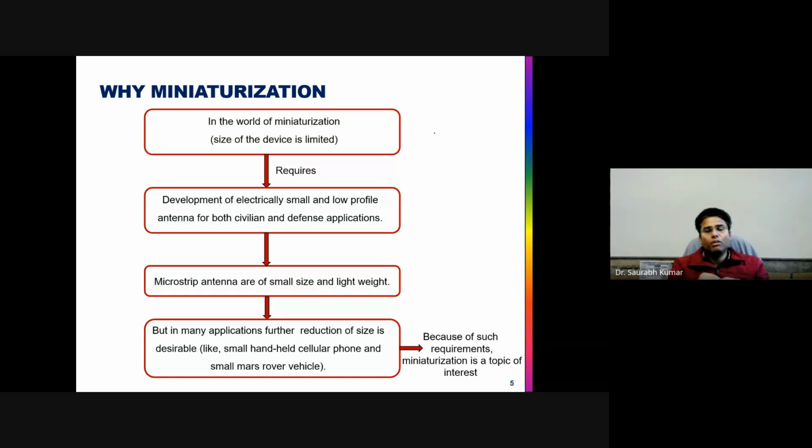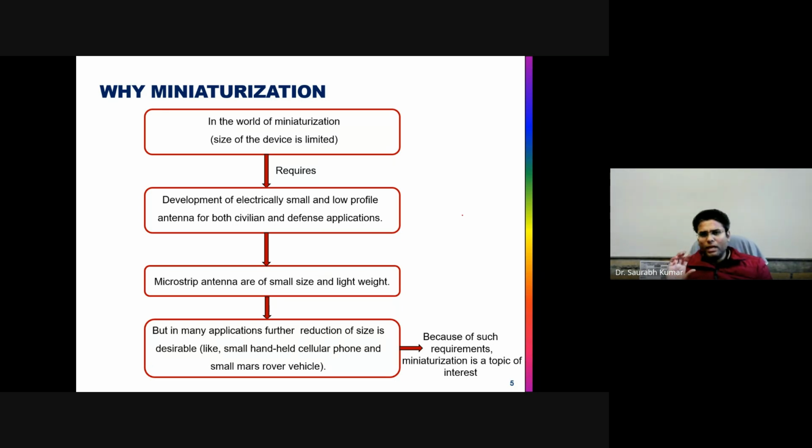That requires the development of the electrically small antenna. I have just given the example of your mobile phone. It is not fixed that the requirement is only in the mobile phone. Each and every device has a minimal requirement. So the development of electrically small and low profile antennas for both civilian and defense applications is required.